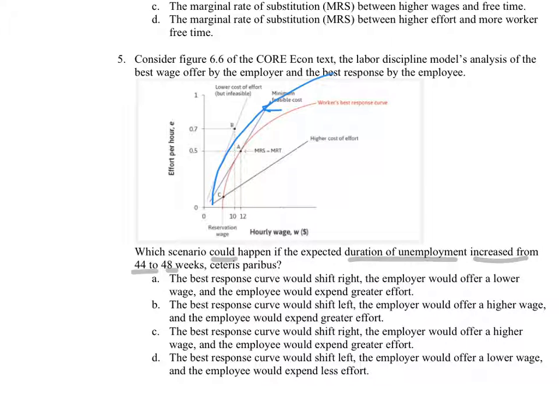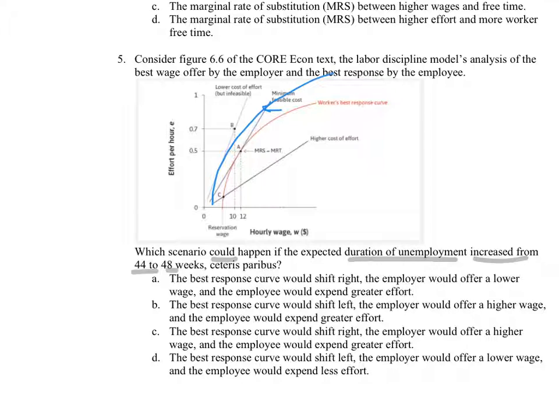Notice that effort per hour, excuse me, are the units. So anyway, as the label tells us, lower cost of effort, minimum feasible cost, higher cost of effort. The further to the left, the steeper we are, the lower the wage rate.